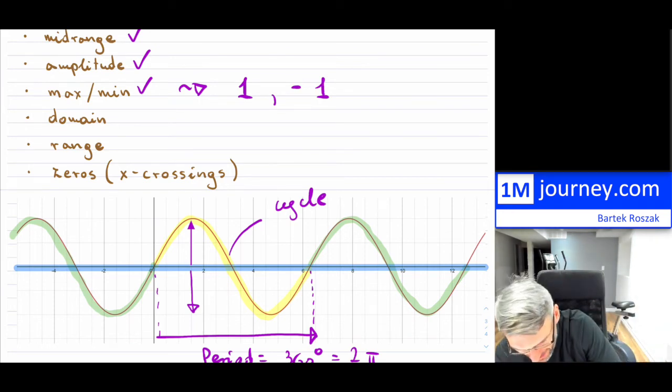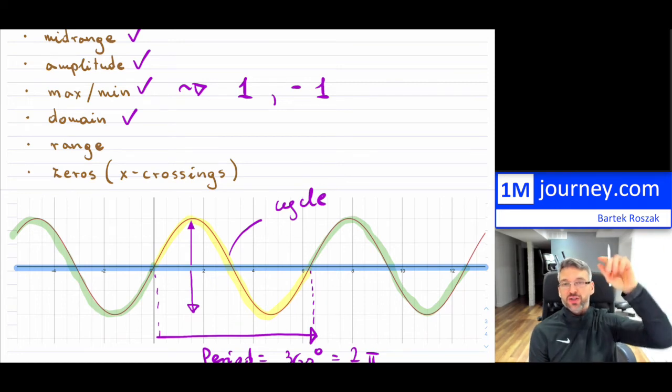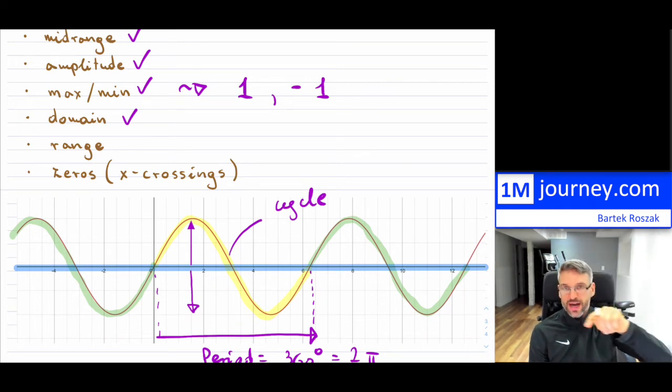What's the domain of this function? Well, the domain is all the possible inputs, correct? The possible inputs that you have are limitless. So sine of the angle exists for any angle that you have. Now it will repeat, right? So sine of, let's say, 480 is going to be a repetition of the first angle that you had.